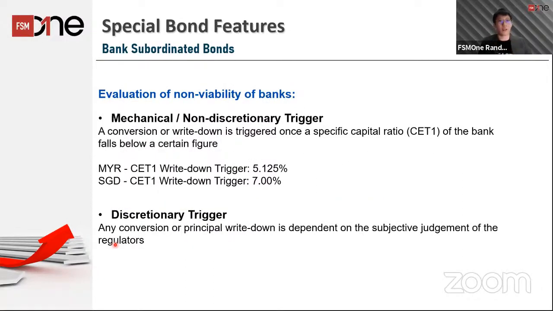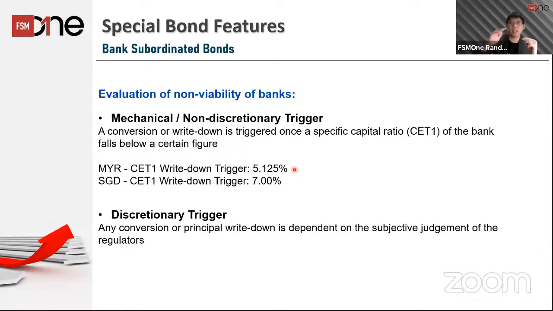So how do they evaluate this non-viability event? There are two ways. The first one is the so-called mechanical trigger event. This event only happens when the capital adequacy ratio of the bank, meaning the CET1 ratio, falls below a certain figure. In the Malaysian context, the trigger level is 5.125%.